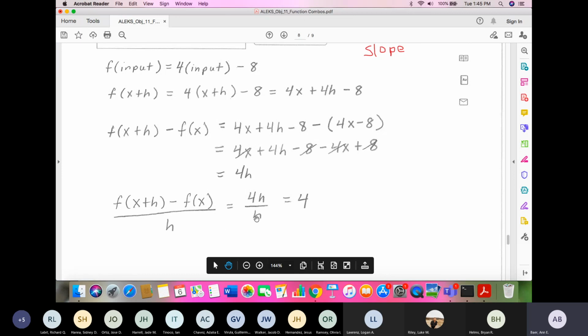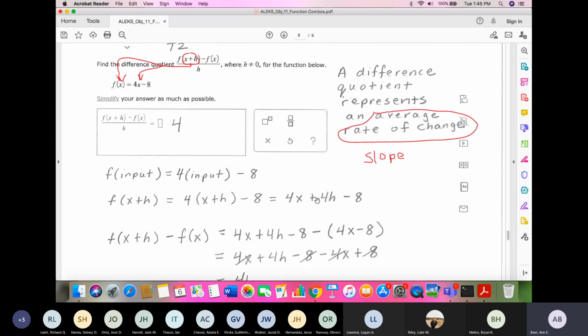H divided by h is 1. 1 times 4 is still 4. When you cancel, it's best to have a reason you're canceling, not just assume you can do it. Otherwise, you might cancel incorrectly and miss a problem. I can cancel these h's because h divided by h is 1, and 1 is the multiplicative identity. Any questions on this problem?